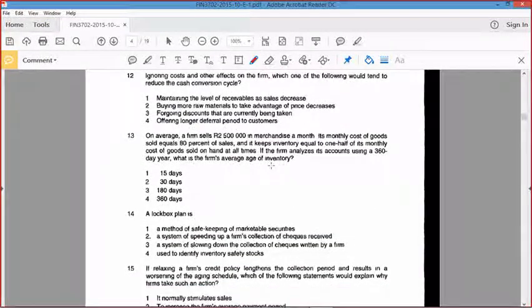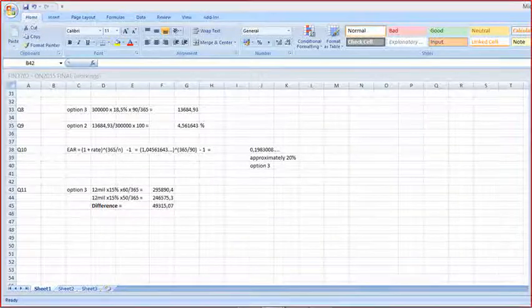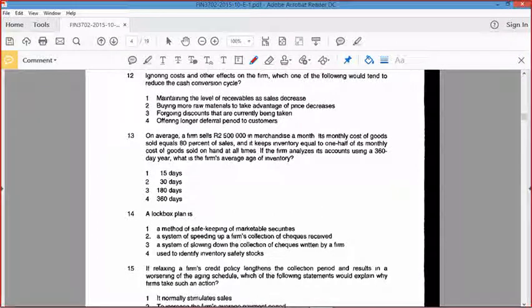Question 12 was theory. I think you should be able to choose the right answer here. So, which one do you think is correct? Thoughts?